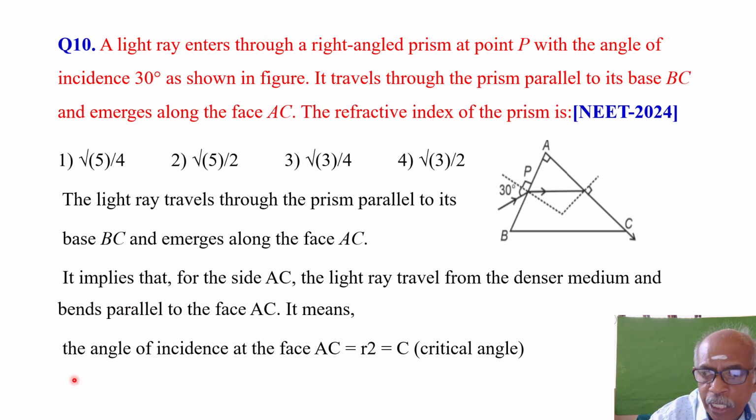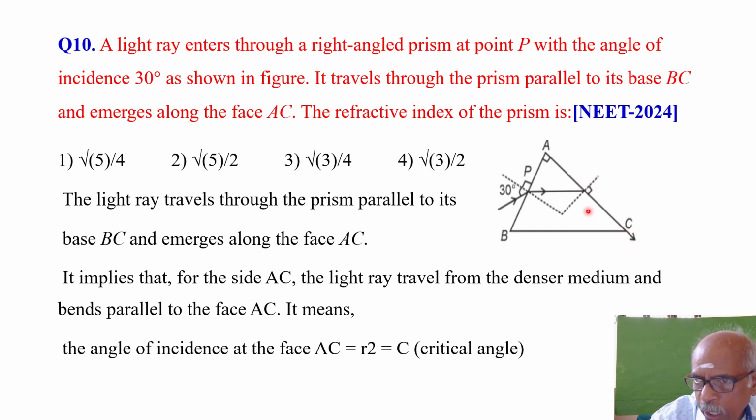The angle of incidence at face AC we call R2. This is angle of incidence I1, and this is angle of refraction R1. We have drawn an elaborated figure in the next slide. At this point, R2 is the angle of incidence, and the angle of refraction is 90 degrees, because it is traveling along AC.